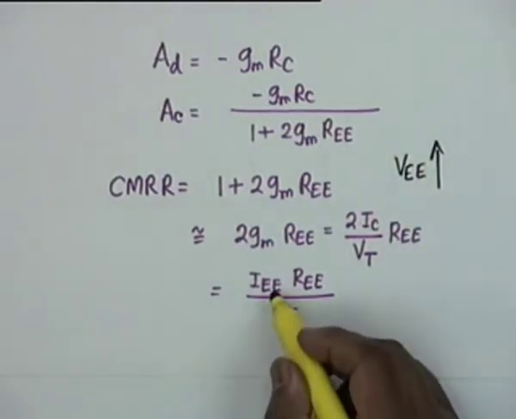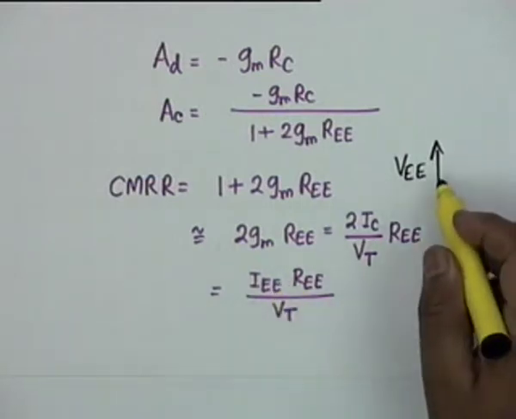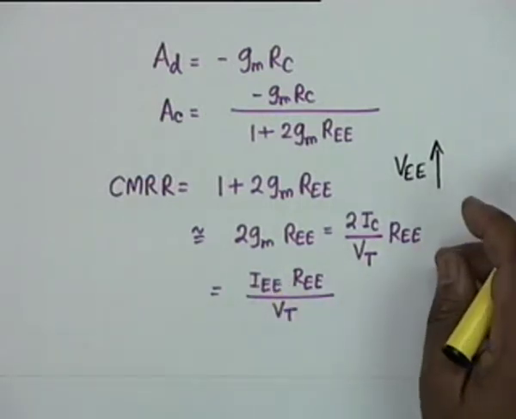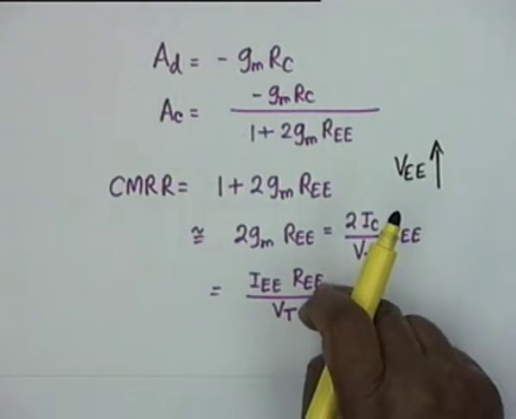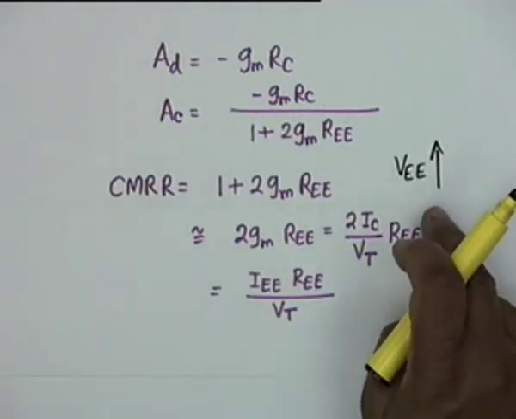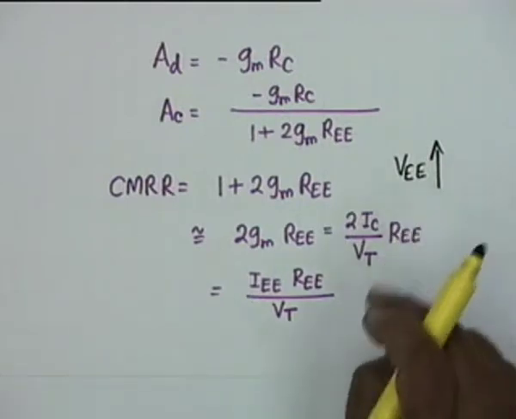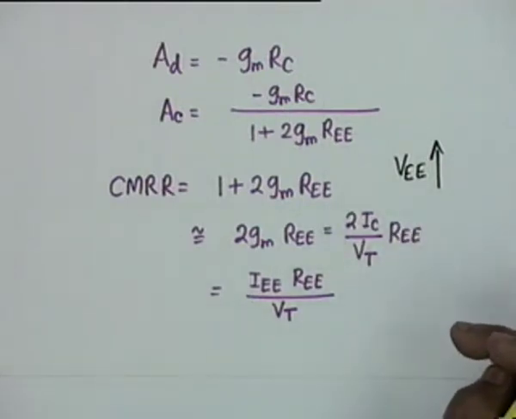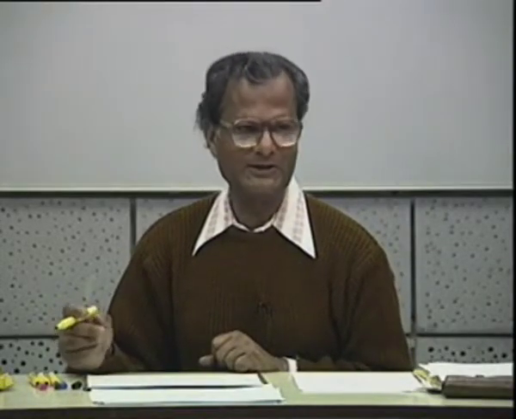If you increase IEE, how do you increase IEE? You increase the source voltage, that is VEE. If you increase REE, then with the same current there is a large drop across REE, and therefore you have to increase VEE. Okay? This is not feasible in an integrated circuit. One of the advantages of ICs is that they can operate at low voltages.